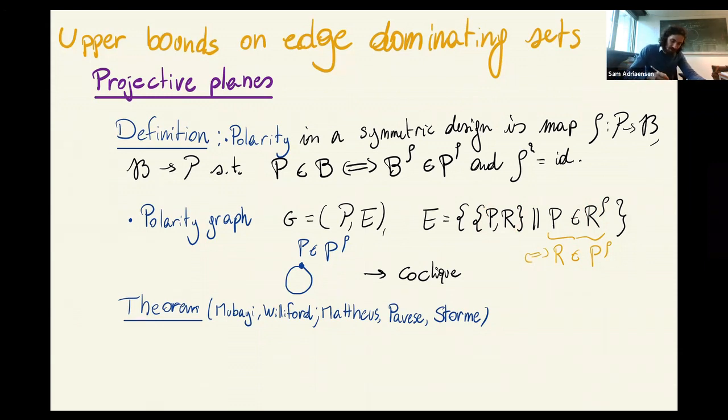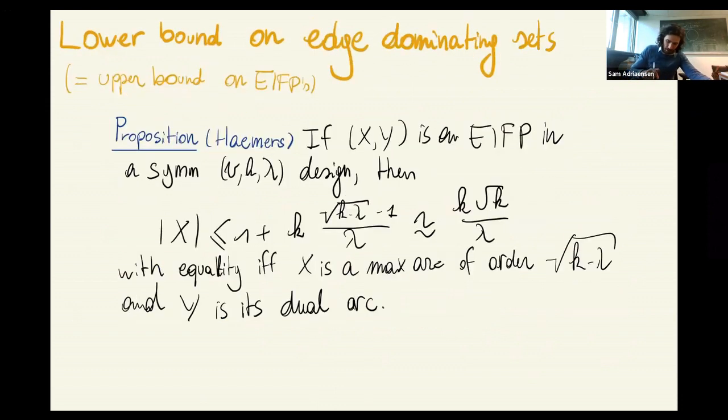And so they prove that you can always get close to the optimal construction, which is a maximal arc of order root Q. So if you again look at the bound we had here, we know that the upper bound on the size of an equinumerous incidence-free pair is around K times square root K over lambda. So in our case, this is approximately Q root Q divided by 1.